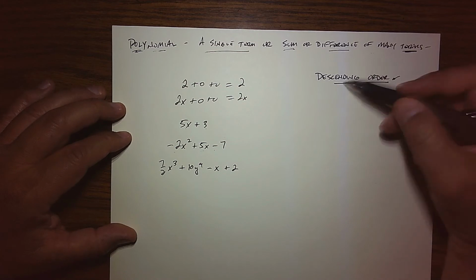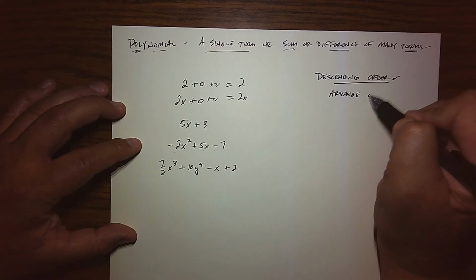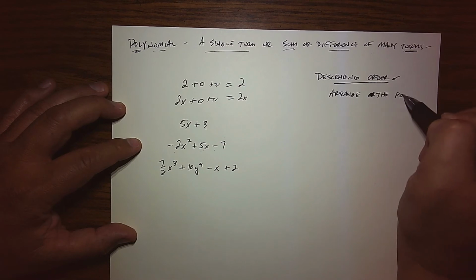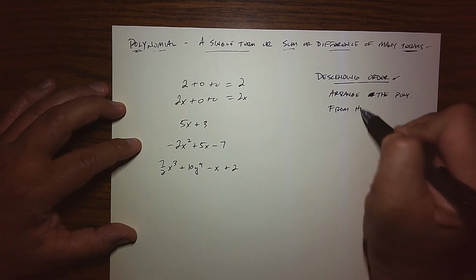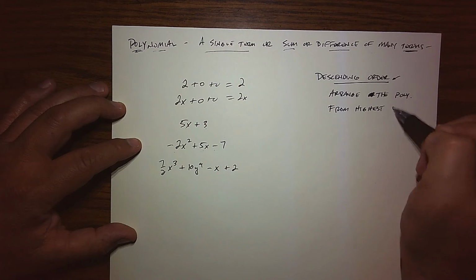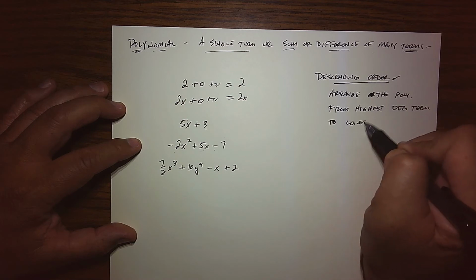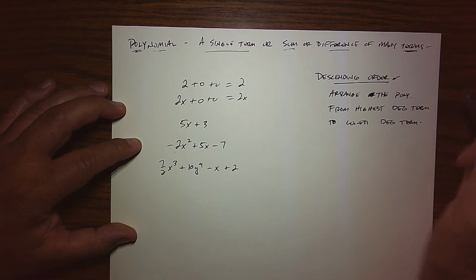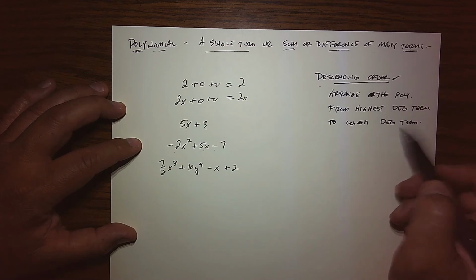Basically, descending order means we arrange the polynomial from highest degree term to lowest degree term. So that's what it means to be in descending order. We're arranging the polynomial from highest degree term to lowest degree term.